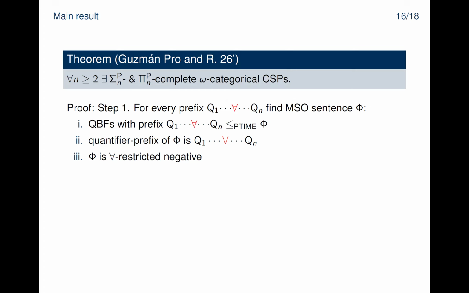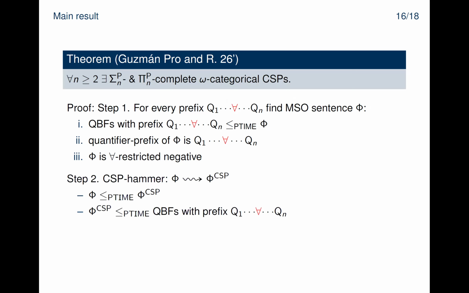Since this theorem is now only formulated for n greater than or equal to 2, there will always be at least one universal quantifier in this prefix, and in this case, we can just transform this QBF with the prefix Q1 to Qn into an MSO sentence with the same prefix that will contain a universal quantifier. We just need to ensure that it's Forel restricted negative, and that QBFs with this prefix actually reduce in polynomial time to satisfiability of phi.